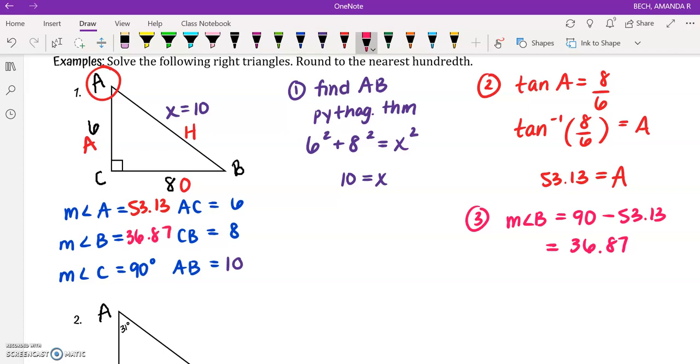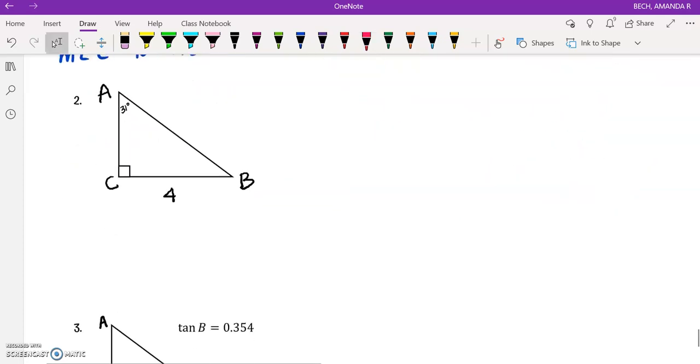So that's what it means to solve a right triangle, to be able to find all of the missing sides and angles. This is the procedure that you would use, or the steps you can follow, if you are given 2 sides. For this second one, we are given 1 side and 1 angle.